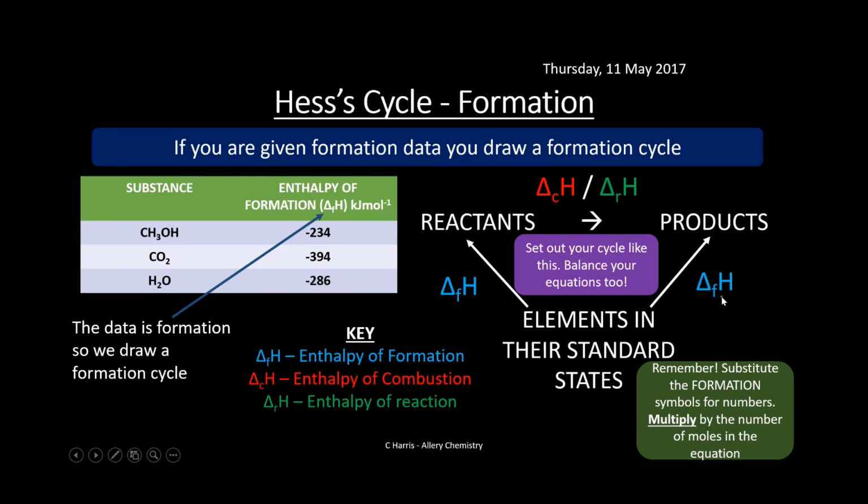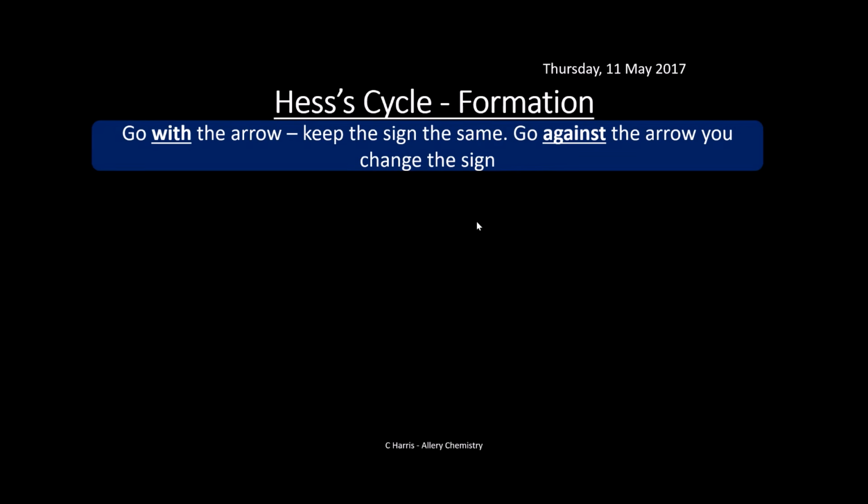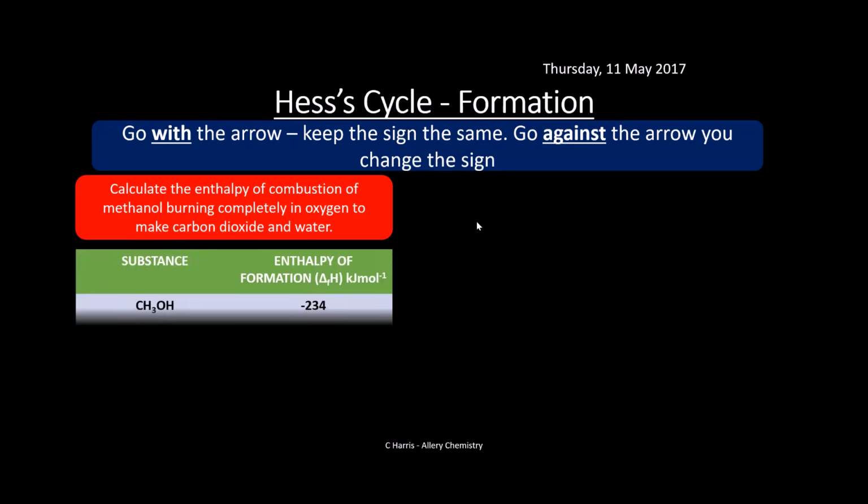So what we're going to do is substitute these numbers in the spaces where it says enthalpy of formation. And we need to multiply by the number of moles in the equation as well. So let's look at a specific example. When we go with the arrow, we keep the sign the same, as you'll see later on. And when we go against the arrow, you change the sign.